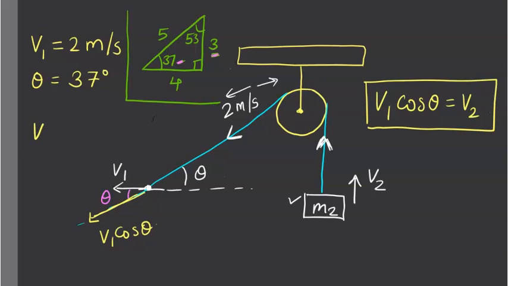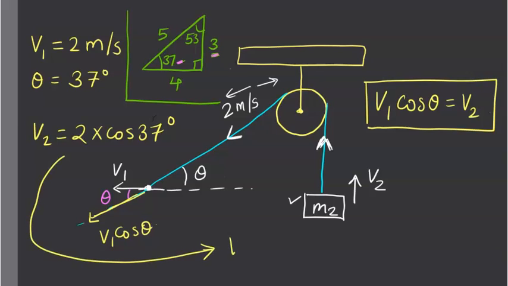So v2 will be v1 cos theta, so 2 into cos of 37 degrees. I don't have enough space here, so I will take this over here and do this. v2 is equal to 2 into cos 37. From here you can see that cos 37 will be, sorry, not 3 divided by 4, adjacent side by hypotenuse, that is 4 by 5.